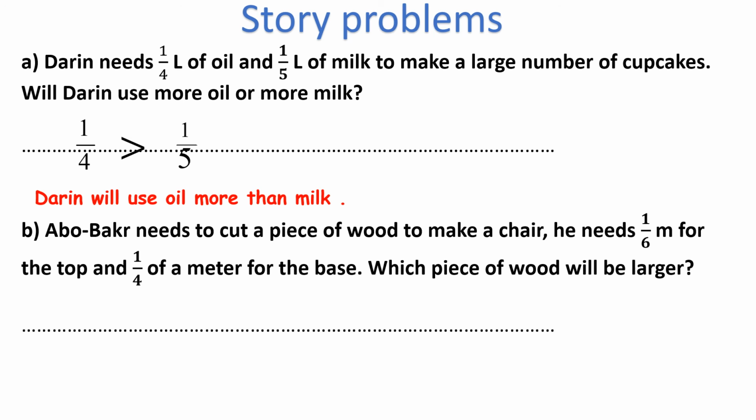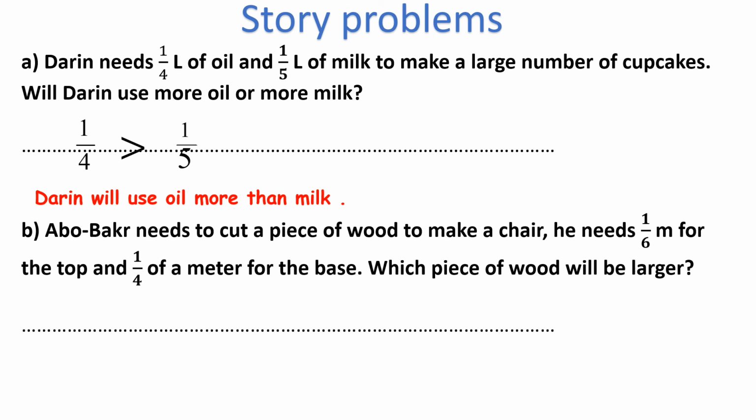Question B. Abu Bakr needs to cut a piece of wood to make a chair. He needs 1 over 6 meter for the top and 1 over 4 of a meter for the base. Which piece of wood will be larger? 1 over 6 meter or 1 over 4 of a meter?